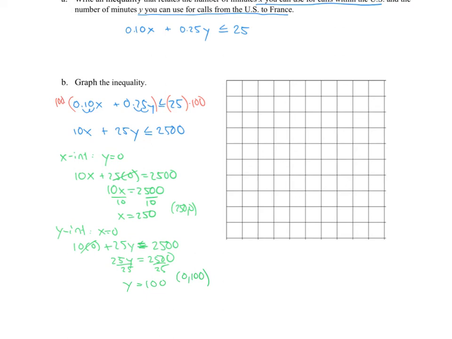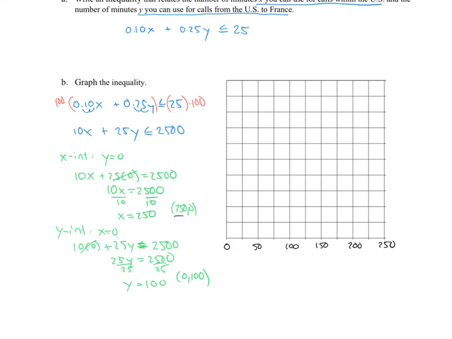Now this graph only makes sense for y values and x values that are positive. You can't have a negative number of calls. So I'm only going to graph the first quadrant where x and y are both positive. I'm going to start at 0 on the x-axis, and I need to get up to at least 250. So maybe I'll go 50, 100, 150, 200, 250.